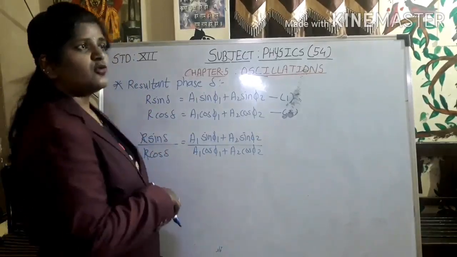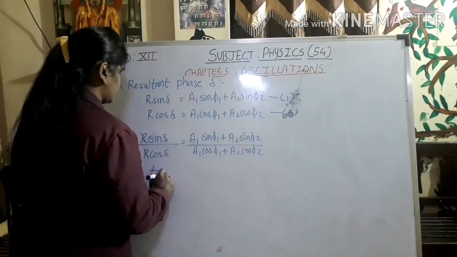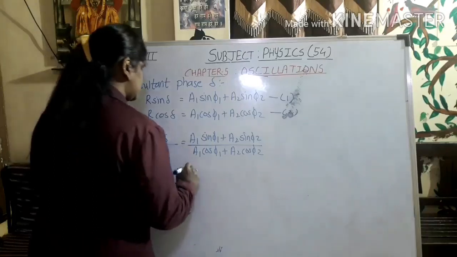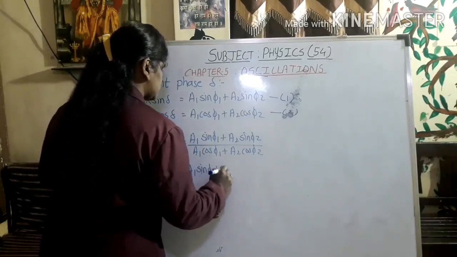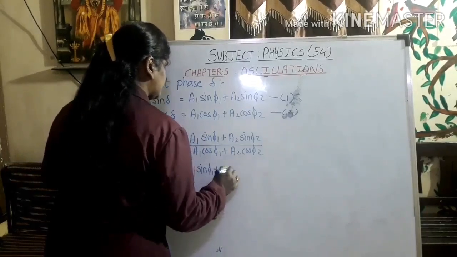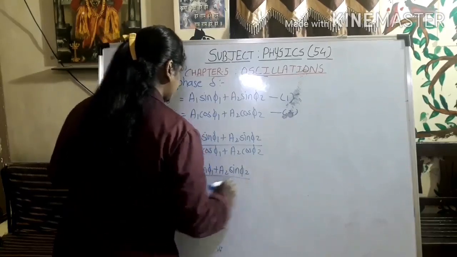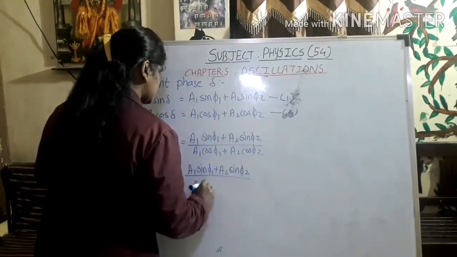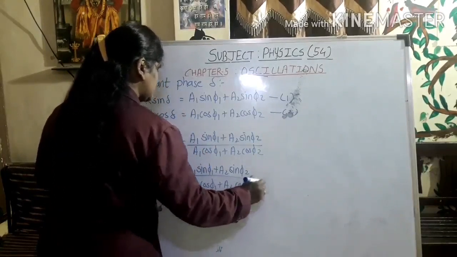What is sin upon cos? It is tan. So I am getting tan delta over here. So tan delta is nothing but a1 sin phi 1 plus a2 sin phi 2 divided by a1 cos phi 1 plus a2 cos phi 2.